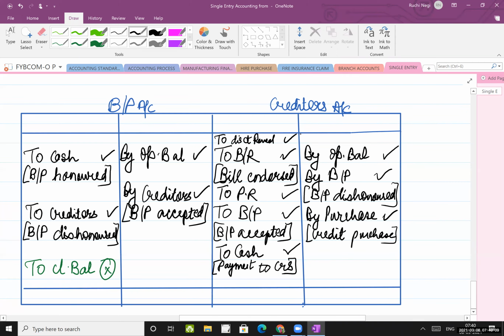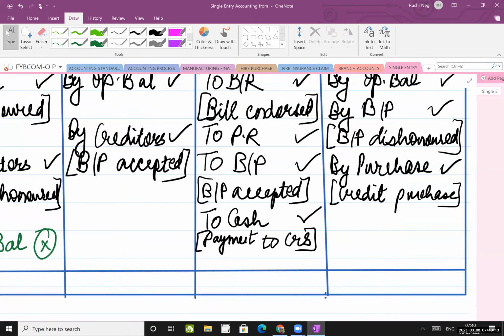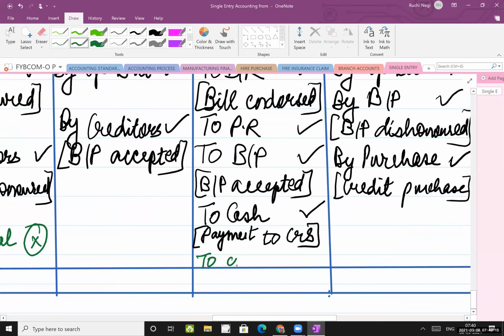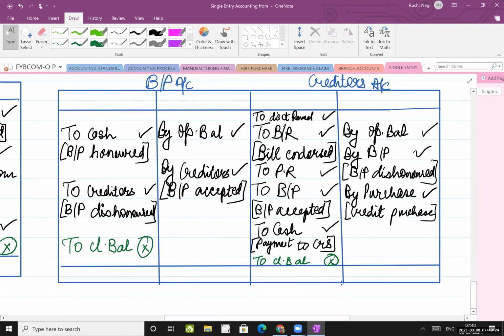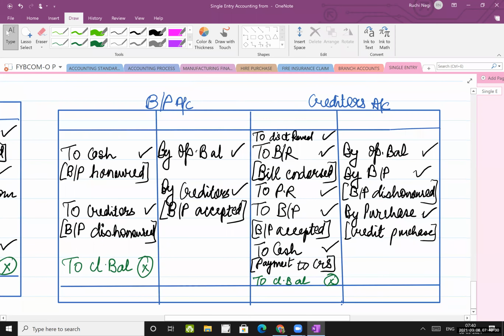Is it clear to everyone? Then when you close this ledger, you will get a closing balance. Is this clear to everyone? यहाँ तक सबको समझ में आ गया?